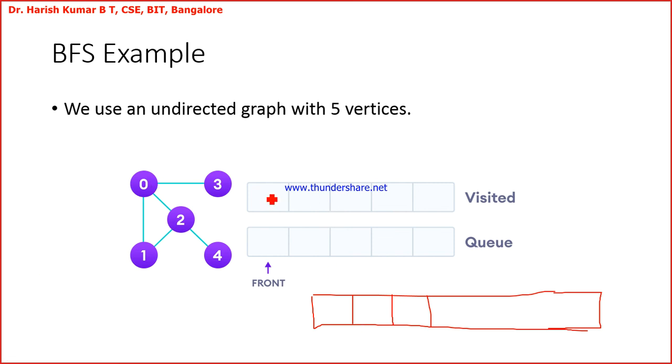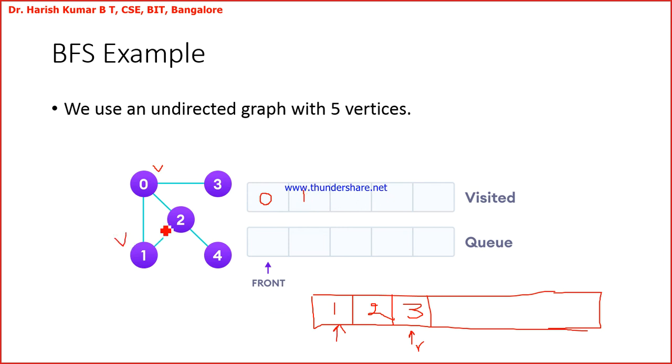See, 0 is visited. The nodes which are adjacent to 0 are 1, 2, 3, which are still not visited. So 1, 2, 3, and this is the front end, and this is the rear end. Next I visit 1. So 0 is visited. Next I visit 1. 1 is also visited.